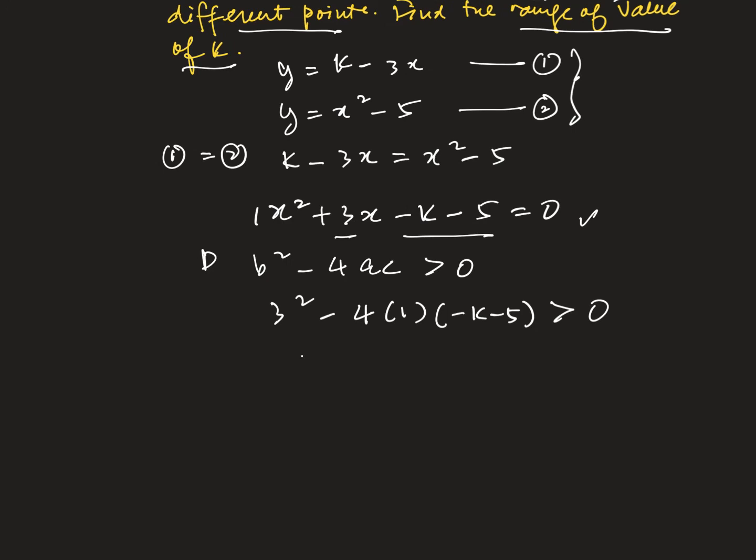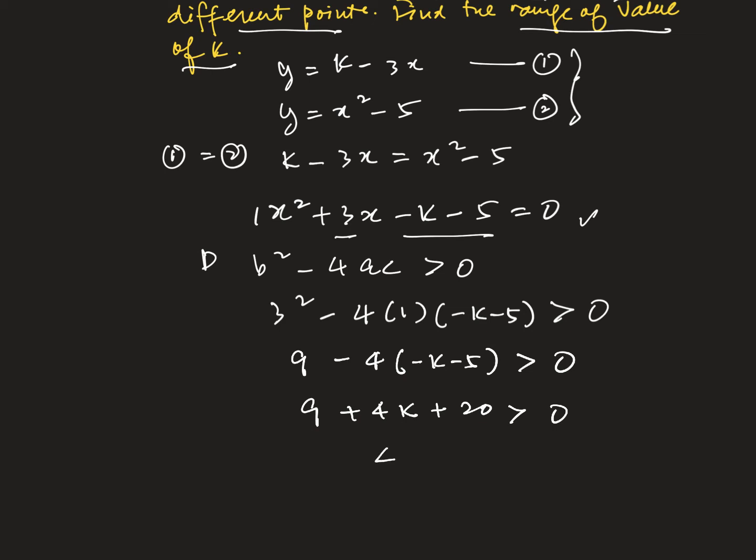So we have 9 minus 4 times minus k minus 5 bigger than 0. If we multiply it, we get 9 plus 4k plus 20 larger than 0.